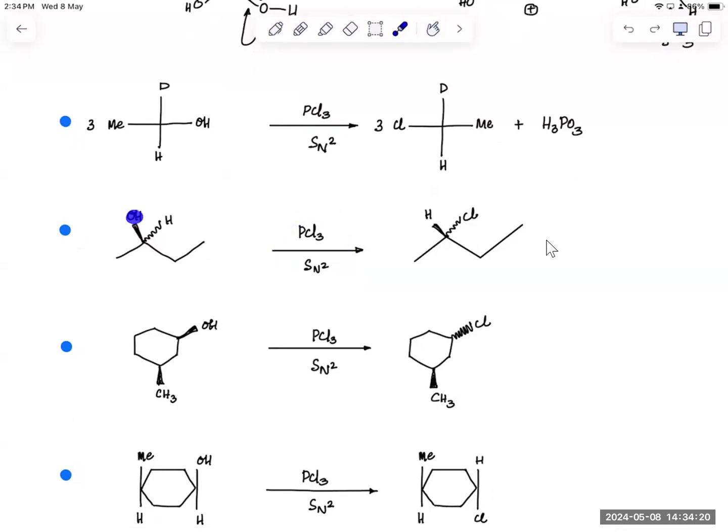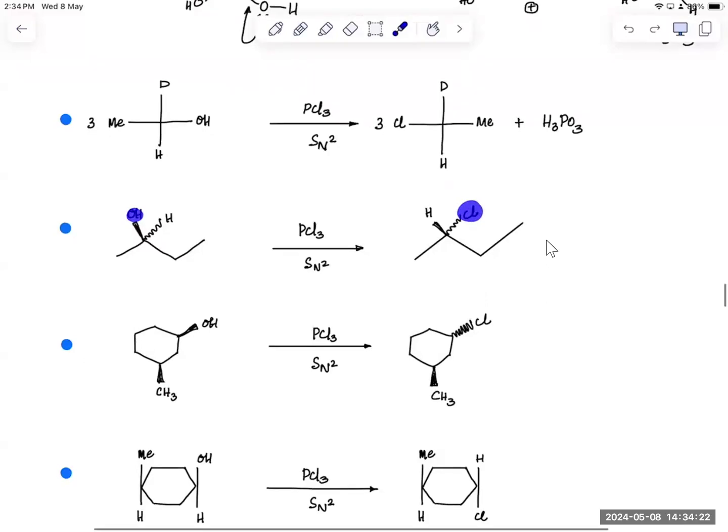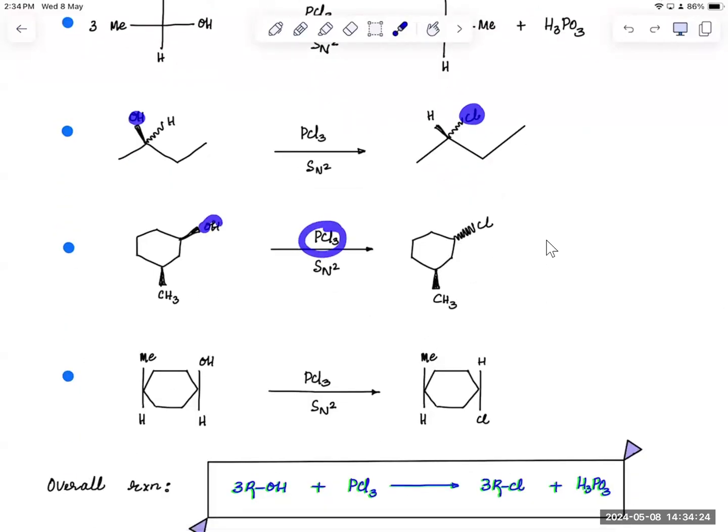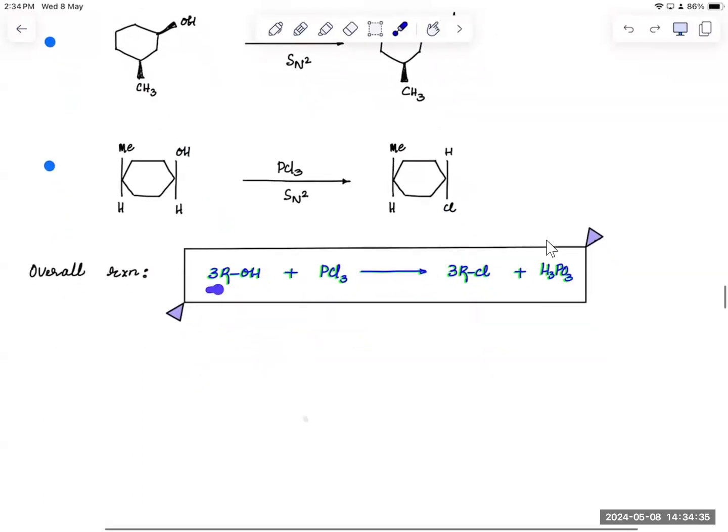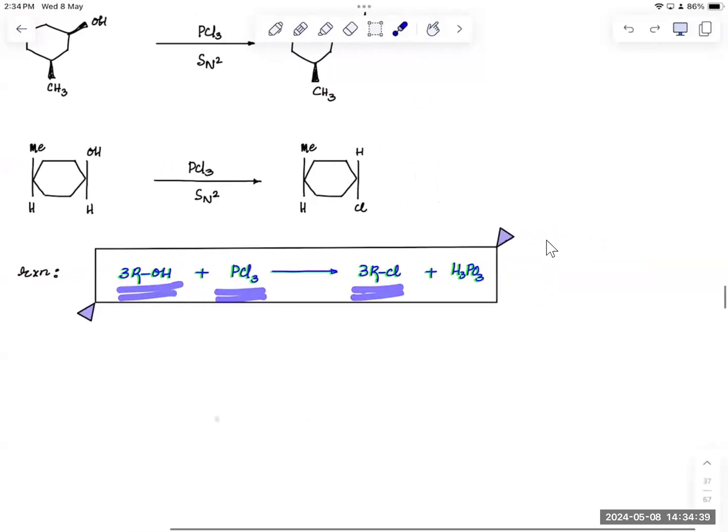OH will be outside. Here OH is inside. Here with PCl3, OH is outside. Now the Cl is inside because it is an SN2 mechanism. Here OH is upwards, here Cl is downwards because of SN2 mechanism. The overall reaction is this, something which you need to learn, that 3 moles will give you all of that.